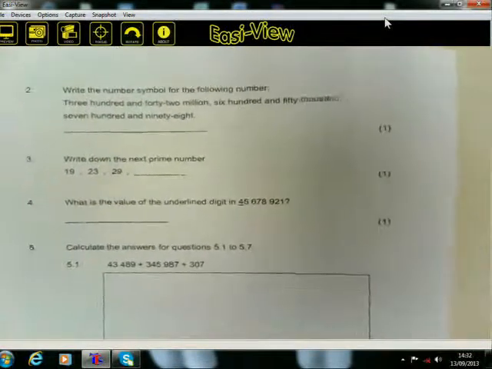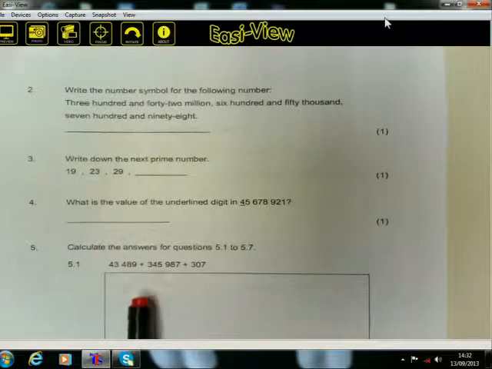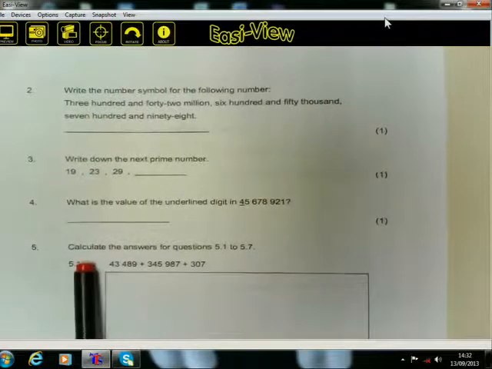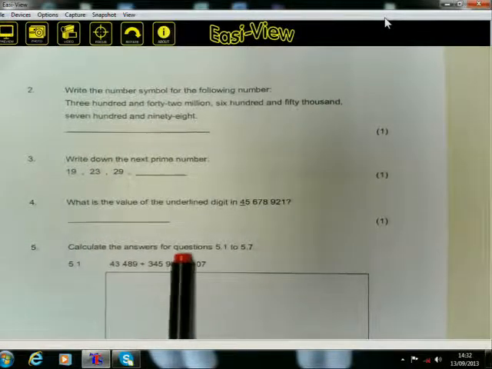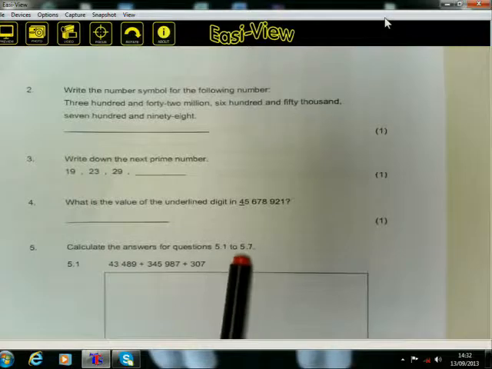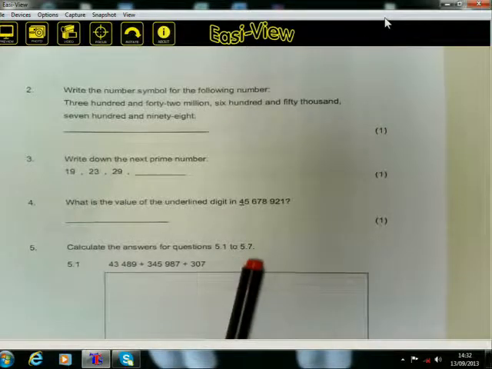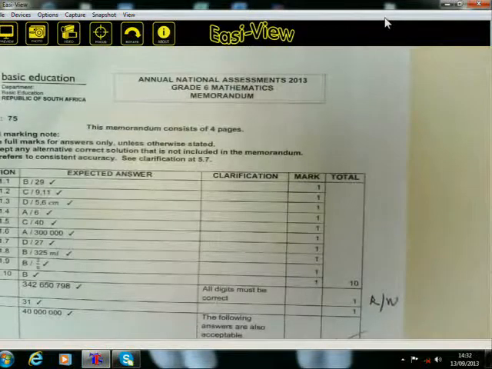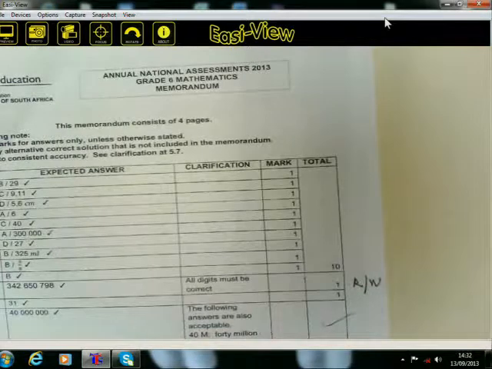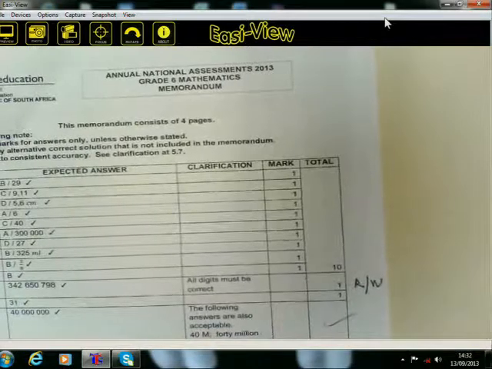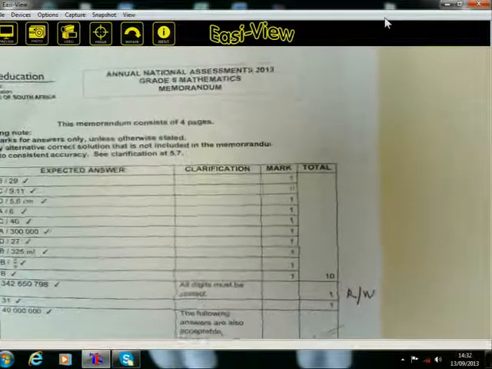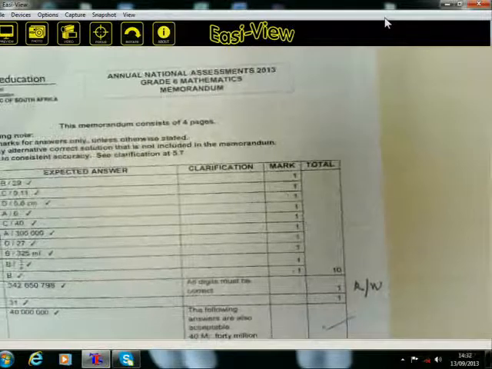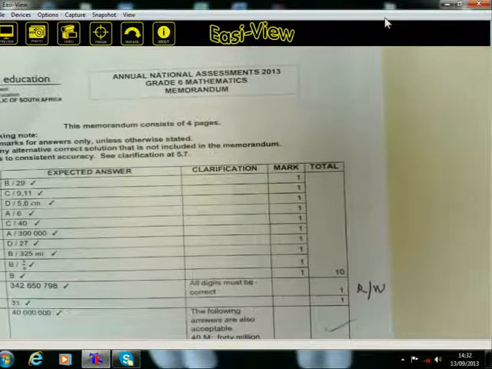5.1. Calculate the answers for questions 5.1 to 5.7. Okay. Here, colleagues, let's look at 5.1. The answer there, they added all the numbers there.